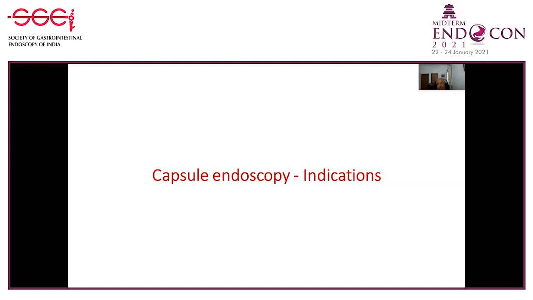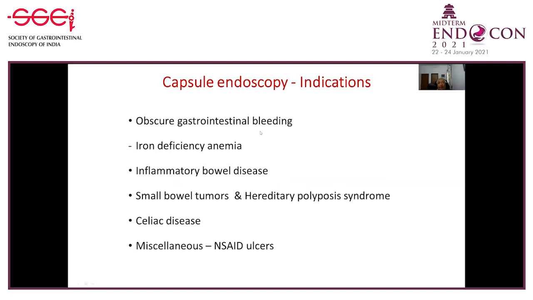Coming on to indications for capsule endoscopy. The major indications are gastrointestinal bleeding and iron deficiency anemia, inflammatory bowel disease, mainly Crohn's disease, surveillance for hereditary polyposis syndromes, celiac disease, and NSAID enteropathy.